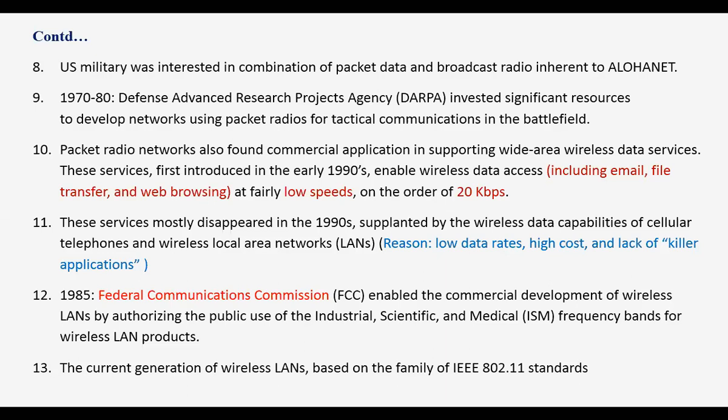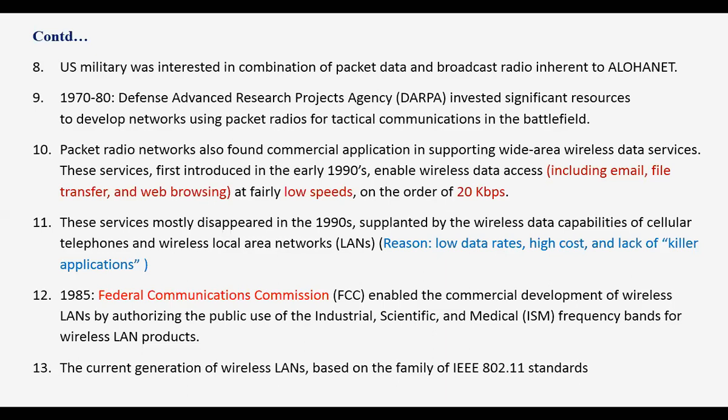For some experimental work, if you are using it, that signal will not interfere with other users. But when you want to use it for public use, there should be some standard, and the spectrum should be allocated to specific users or service providers.